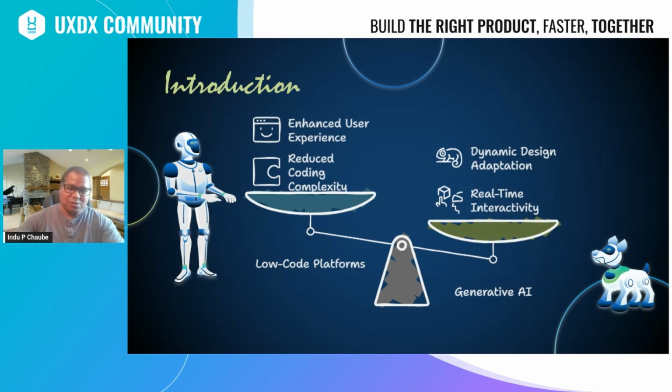All the data processing is going to happen in real time. That is what the future is going to look like. So a low code platform streamlines development by reducing coding complexity and enhancing user experience, and generative AI is going to add real time interactivity by dynamic adoption of design and features.